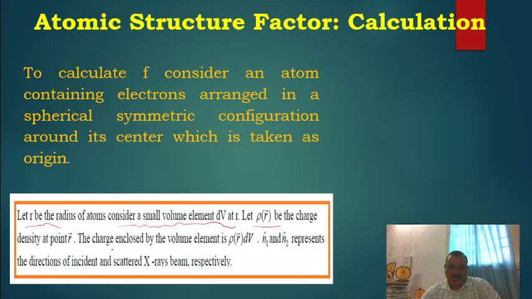Let rho r be the charge density at this point, and the charge enclosed by the volume element is rho dV. n1 and n2 represent the direction of the incident and scattered X-ray beam respectively. This is the figure that I made on the board, and these are the statements you have to write in your notebook.